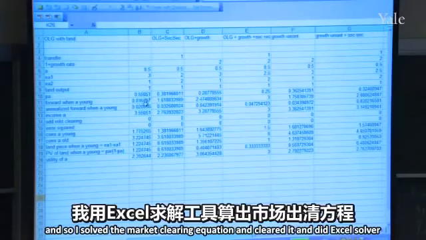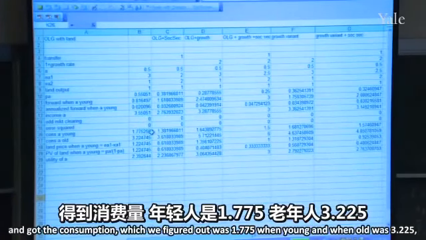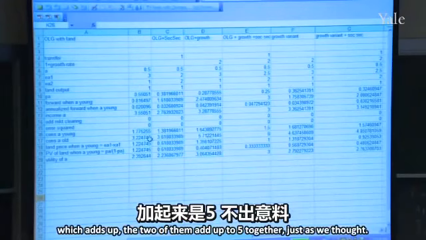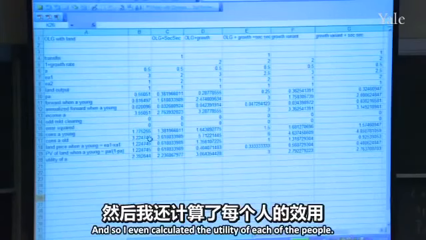And so I solved the market clearing equation and squared it, did Excel solver. And I got the consumption, which we figured out was 1.775 when young, and when old was 3.225, which adds up to 5 together, just as we thought. And so I even calculated the utility of each of the people.